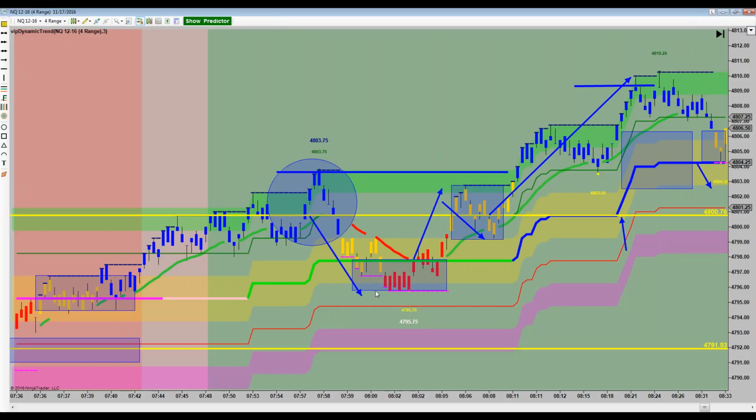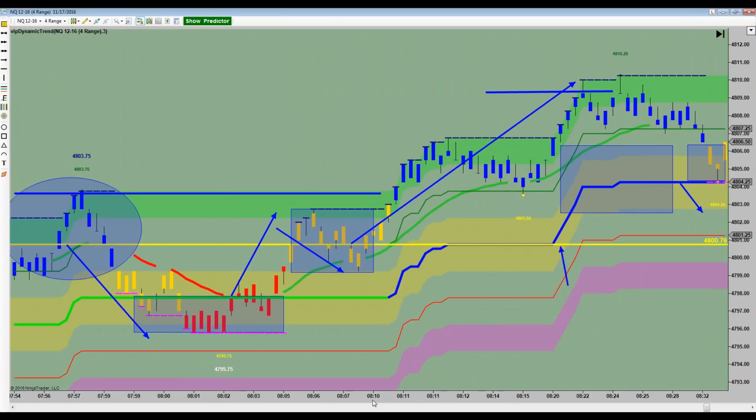Now, let's talk about entry techniques and entry types. In the room, you're going to hear Gary say a lot, I'm turning my bar close on. What does that mean? What's he talking about? I'm turning my bar close on Object Trader.